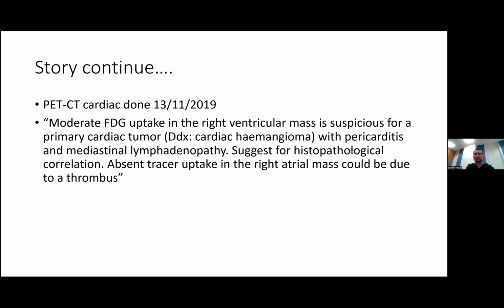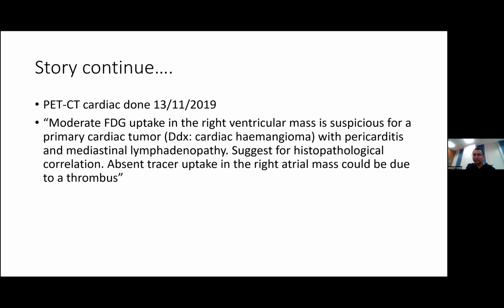All right. So from the cardiac PET-CT, they say that there is a moderate FDG uptake in the right ventricular mass, suspicious for a primary cardiac tumor, primary cardiac malignancy. They said other differential diagnoses are cardiac hemangioma, pericarditis and mediastinal lymphadenopathy, and they suggest histopathological correlation.